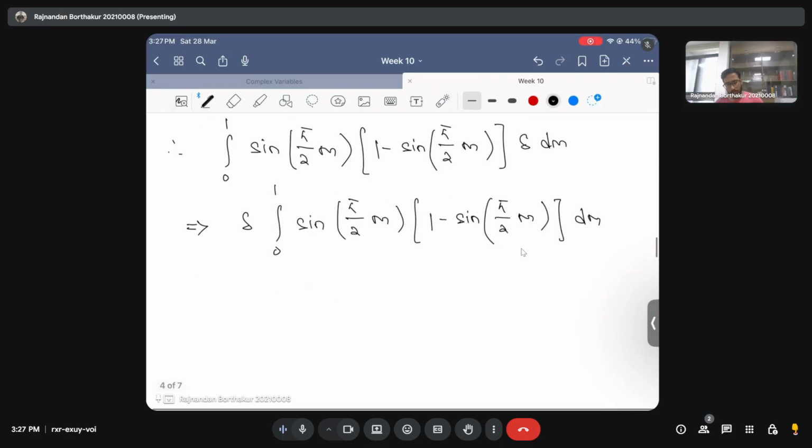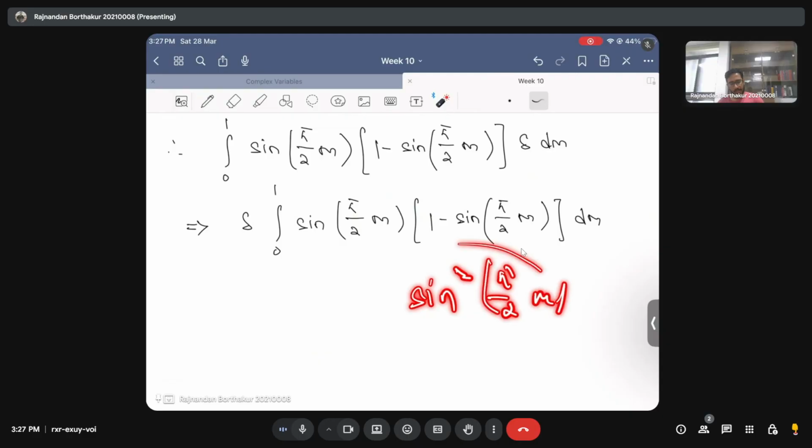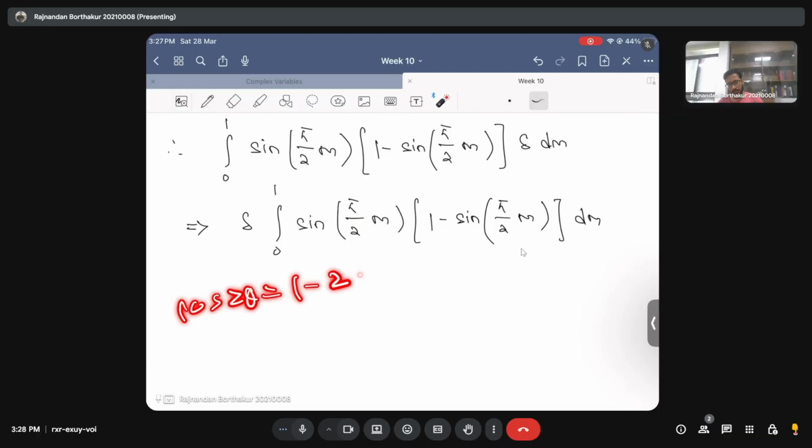Now, I'll not do the integration because I believe you are experts in doing this. You can simply multiply this out. You will get an integral over a sine function, which will be in terms of cos, and then you'll have sine square of pi by 2m. What you can do is write sine square in terms of cos 2 theta, using the fact that cos 2 theta is equal to 1 minus 2 sine square theta.